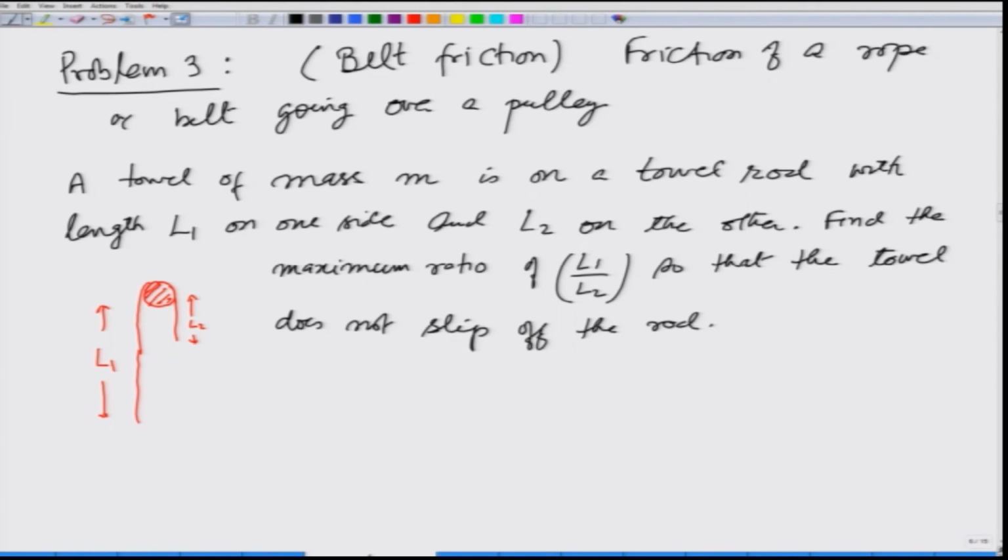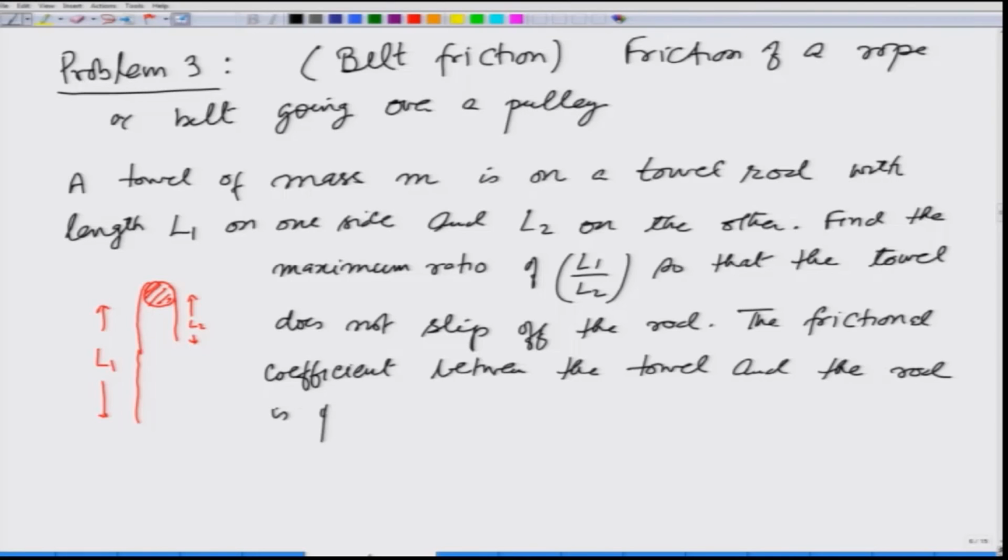If I increase the length L1, it slips off. The frictional coefficient between the towel and the rod is mu.